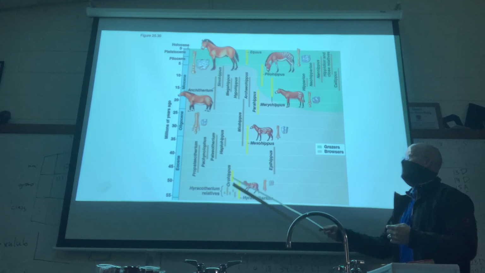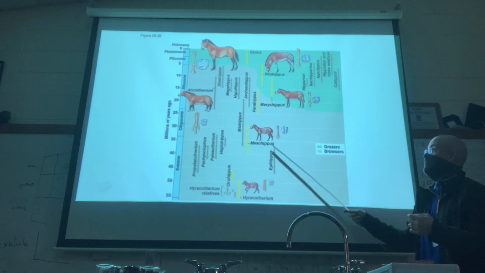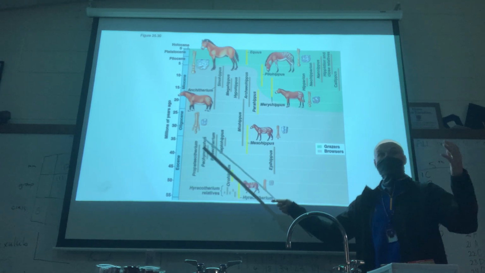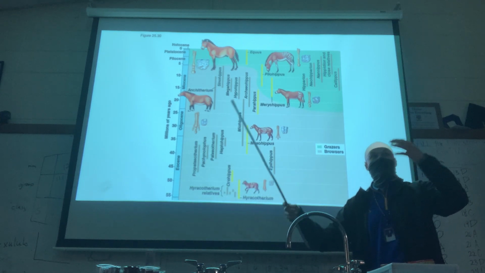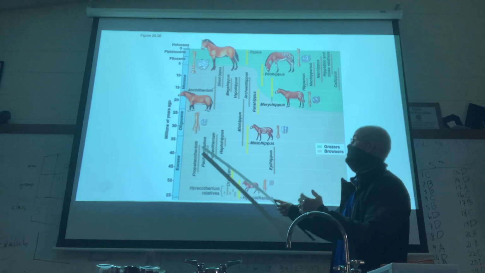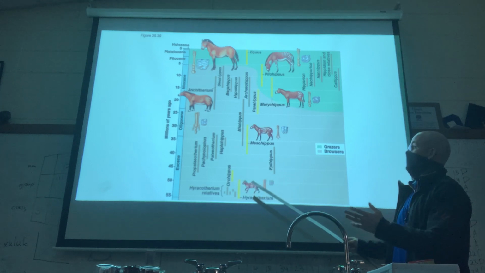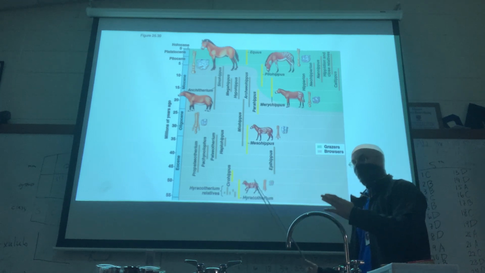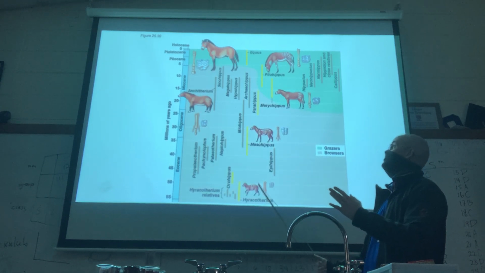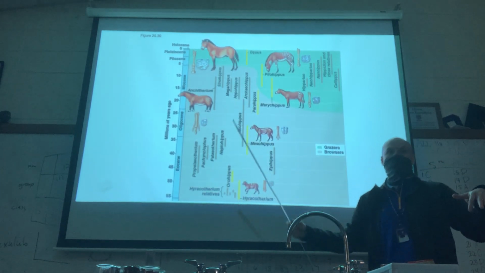There are many, many different lines and forms of horse that arose and because of environmental changes or natural catastrophes just died out. So it's not that you go from one small horse population in a straight line to the modern, larger hoofed horse.